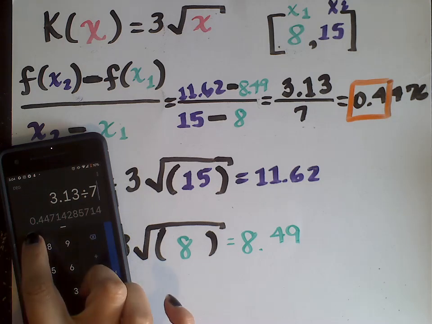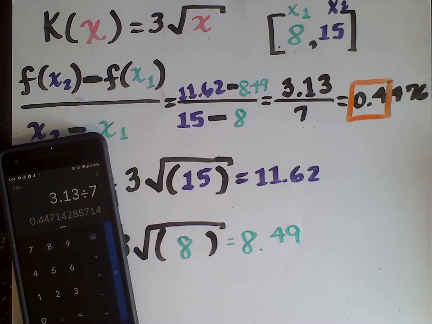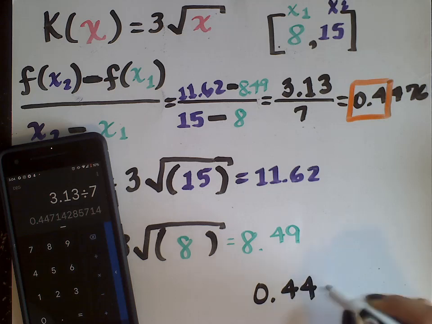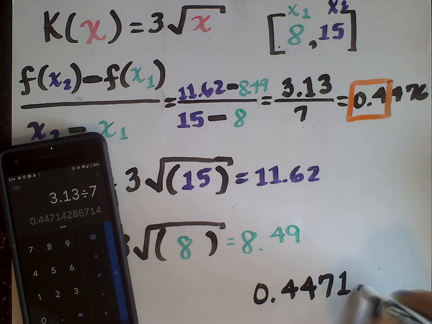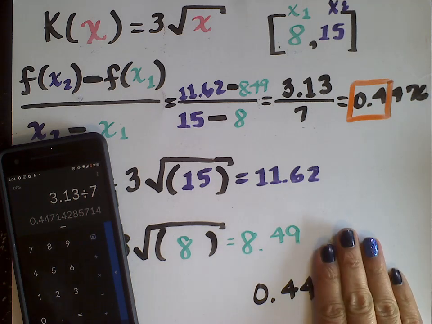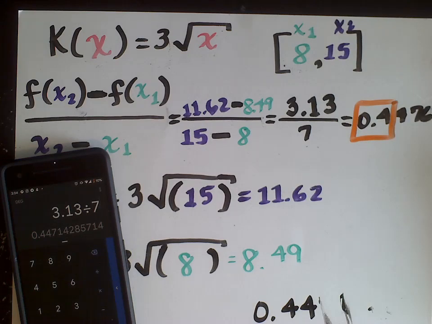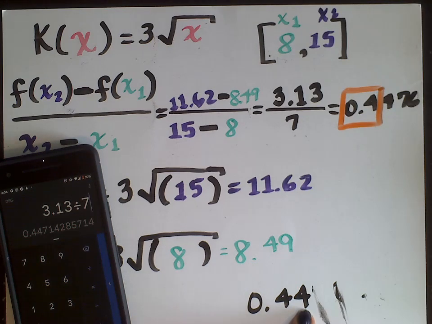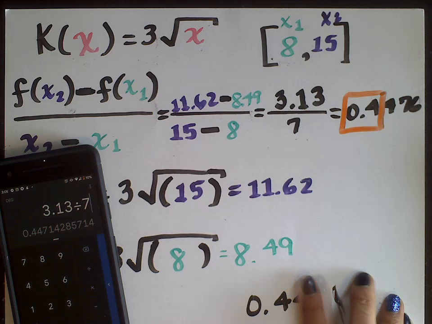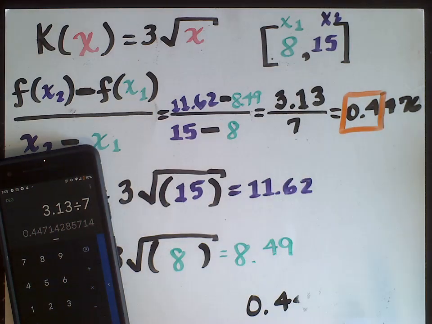Now, in this case, my decimal is off just a little, because it actually gives me 0.4471, blah, blah, blah. Again, all you really care about is this right here, okay? If this is a 5 or larger, that means you have to round this up. Because this is just a 4, that's why I told you guys that your answer is just 0.4.